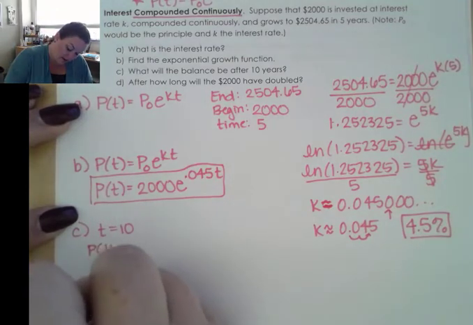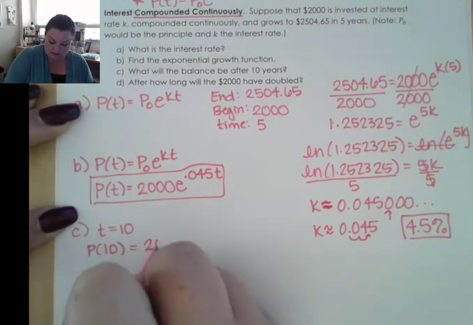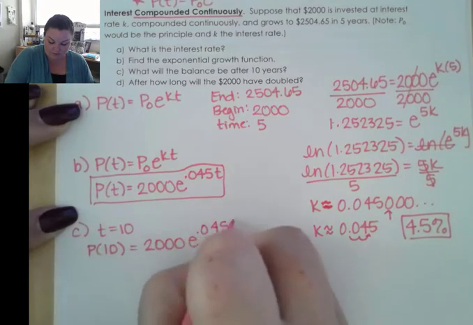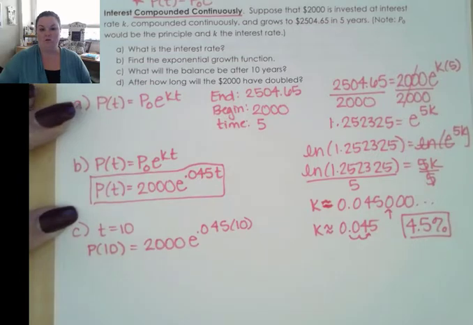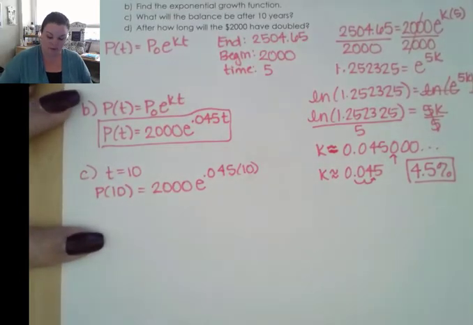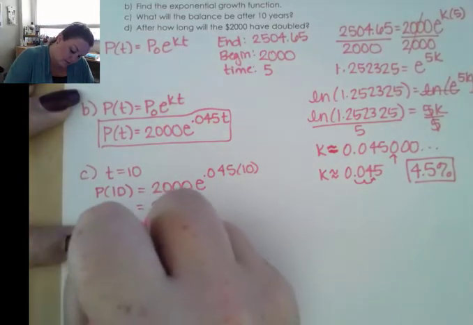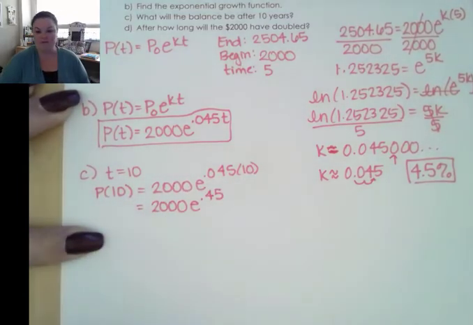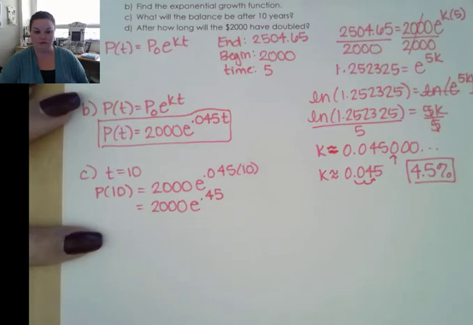So our principal after 10 years is going to look like 2,000 e to the 0.045 times 10. Order of operations says to do our exponent first. So this is equal to 2,000 times e to the 0.45 when I multiply those exponents together.